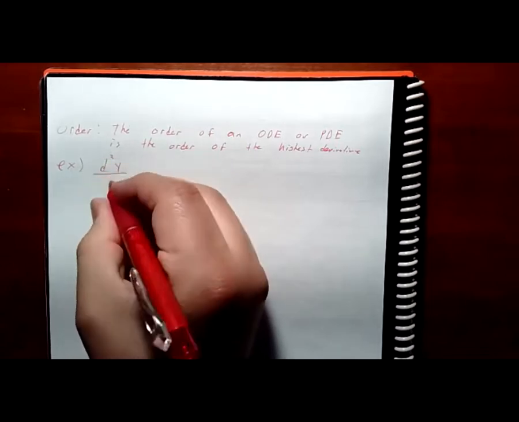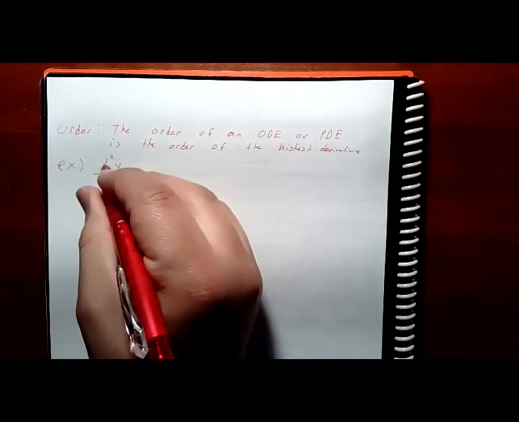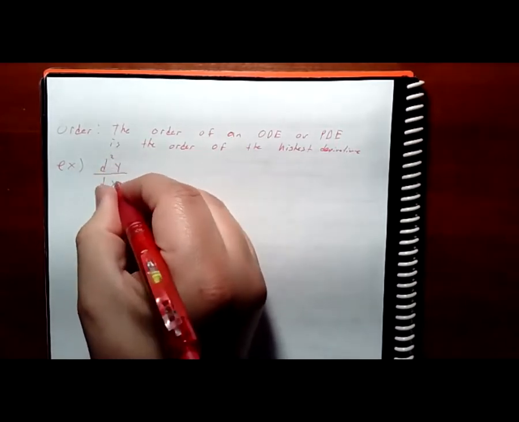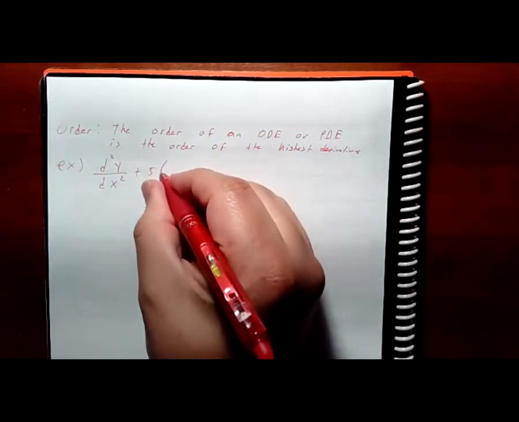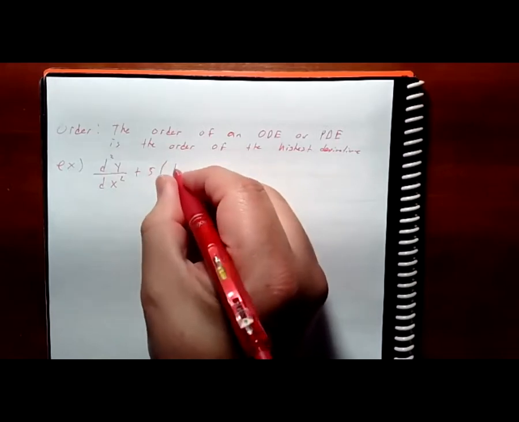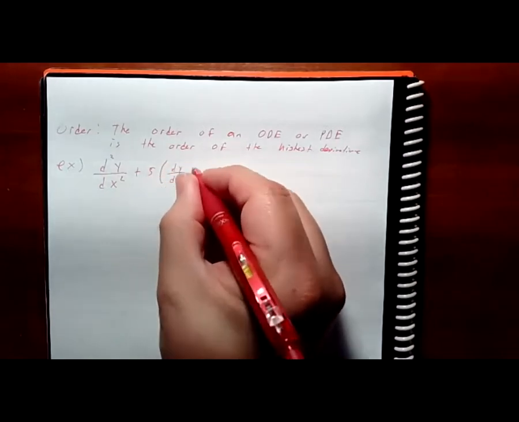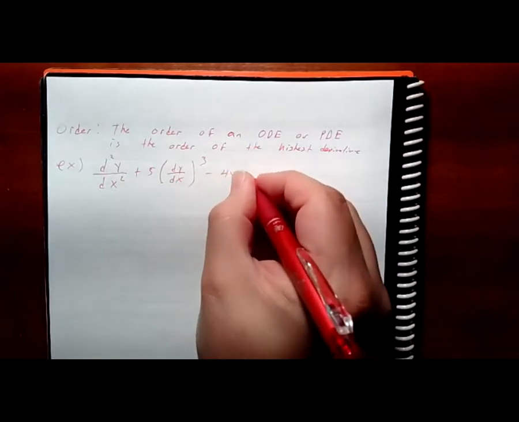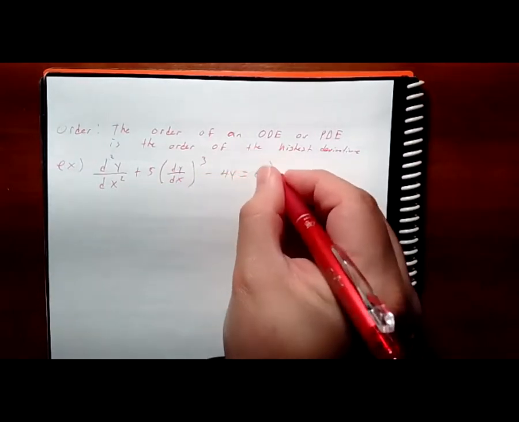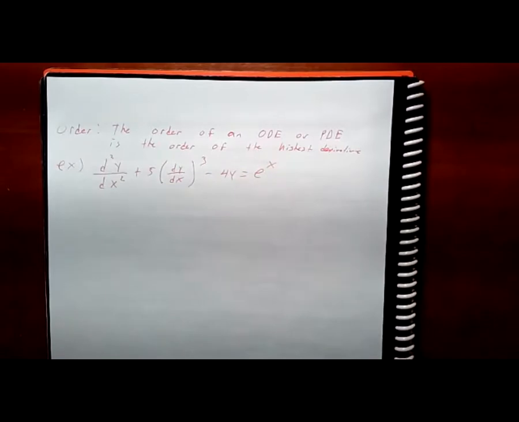It's from your book. Second derivative of y with respect to x plus 5 first derivative with respect to x cubed minus 4y equal to e to the x. Okay, so what is the order of this differential equation?